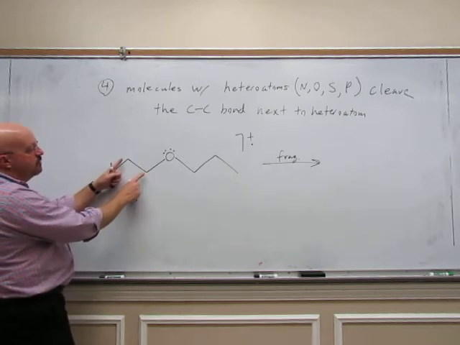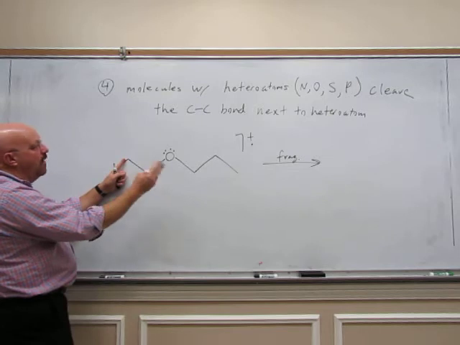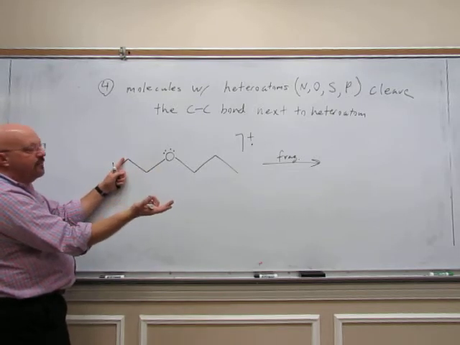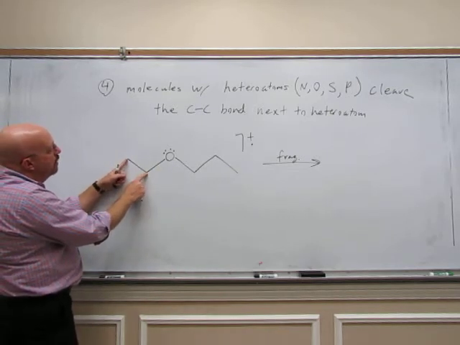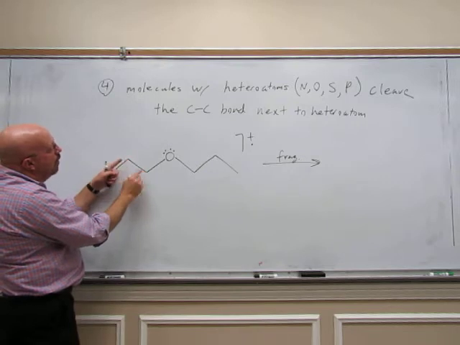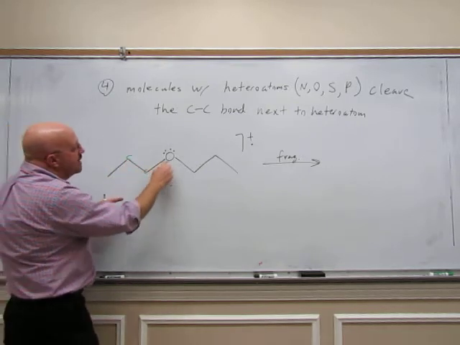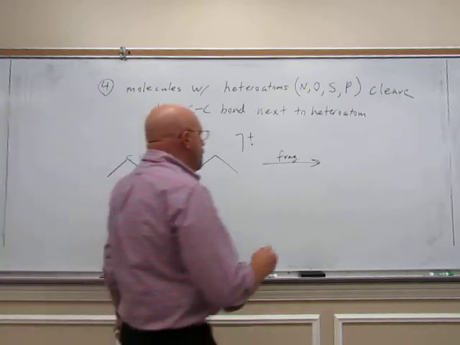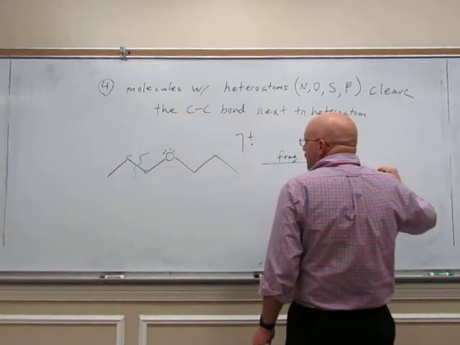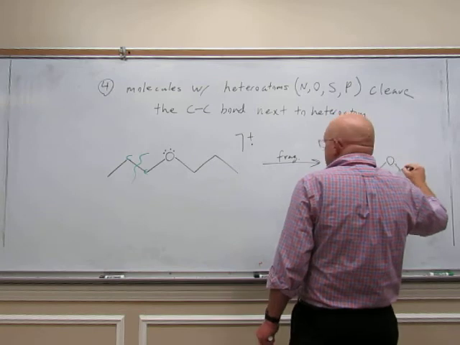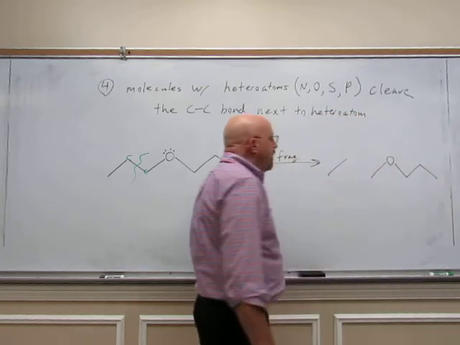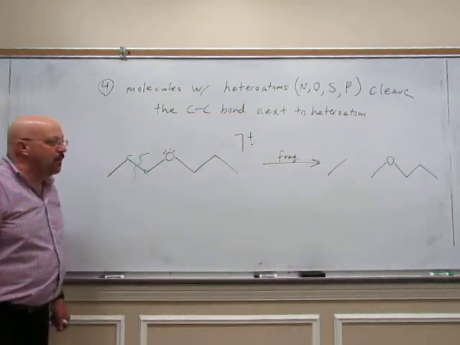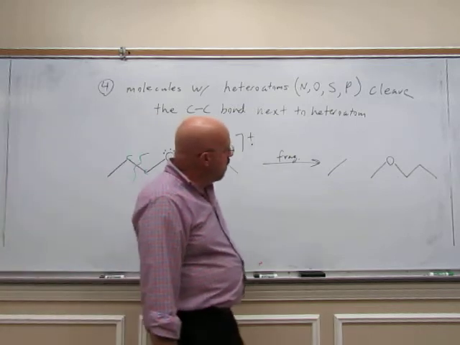This molecule is symmetrical, so it doesn't matter which side you break. If it wasn't, it'll happen on both sides. But here's the closest carbon-carbon bond that we have that's next to the heteroatom, so it likes to cleave right there. Now one of these pieces is going to be the cation, one's going to be the radical.